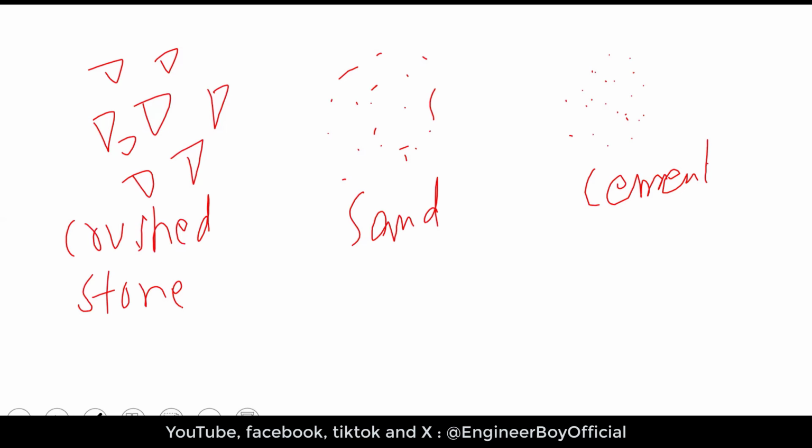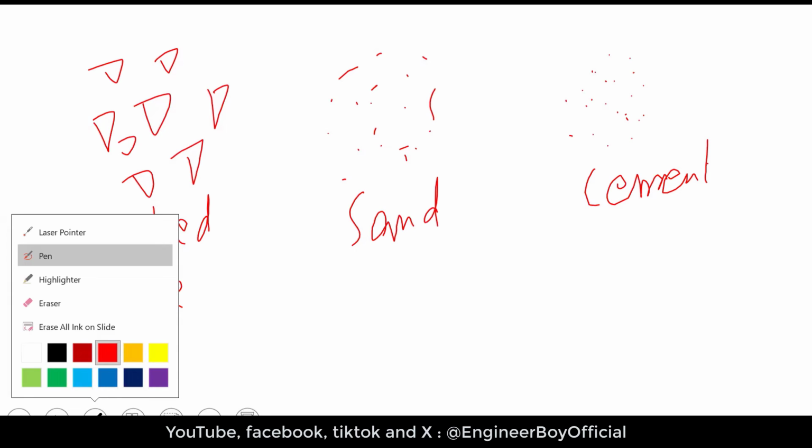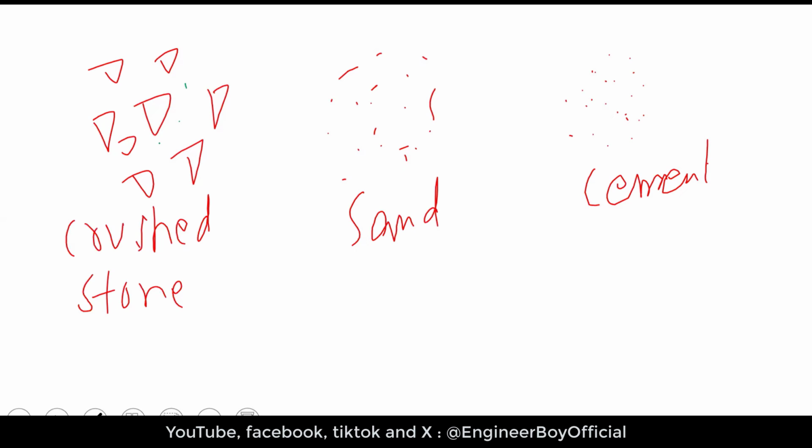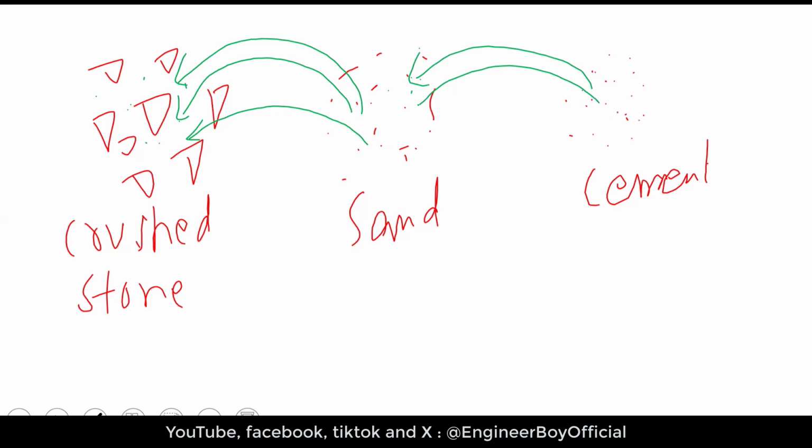Sand is known as fine aggregate. Now, if you carry the crush stone, there are spaces, voids. These voids are filled with the quantity of sand, and even the voids in the sand are filled with the quantity of cement. This is the basic approach and the idea.